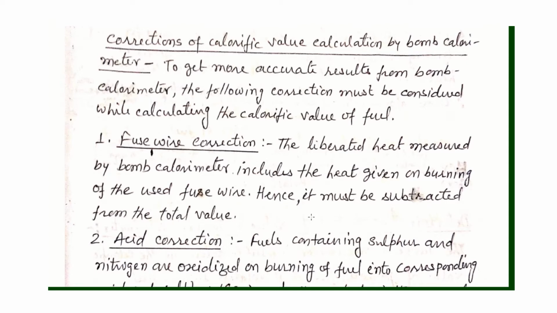Among them, so that we can calculate the exact calorific value of the given fuel sample, for example, is fuse wire correction. As we know, as soon as we connect the battery and switch on, a spark occurs and the fuse wire burns first, and it initiates or triggers the burning process.